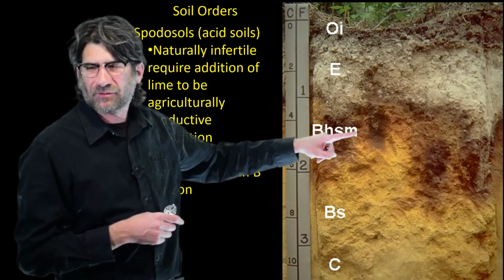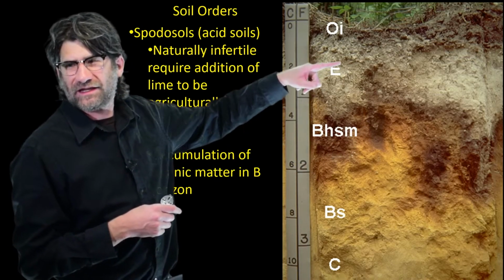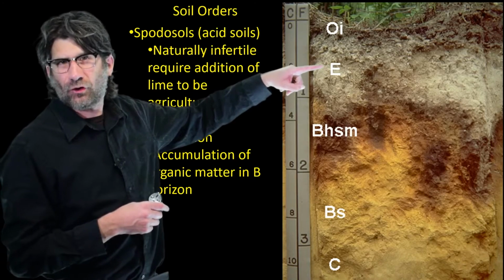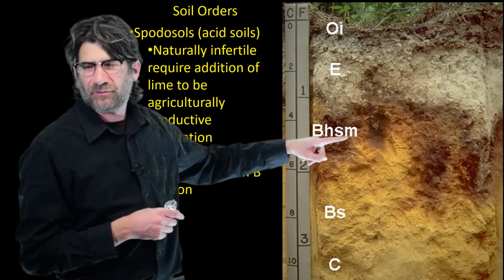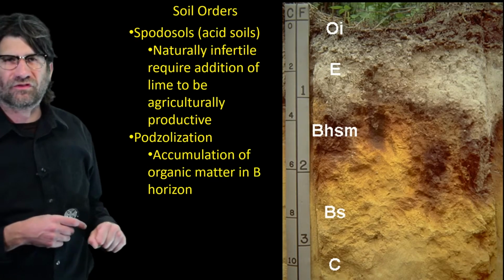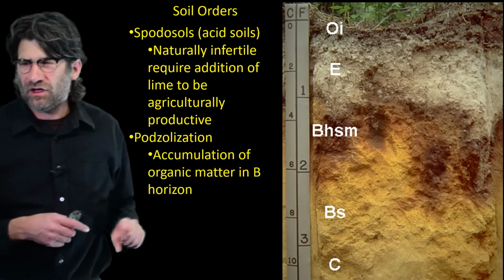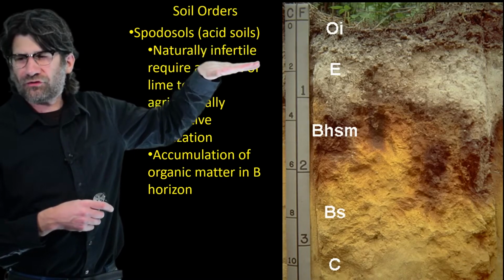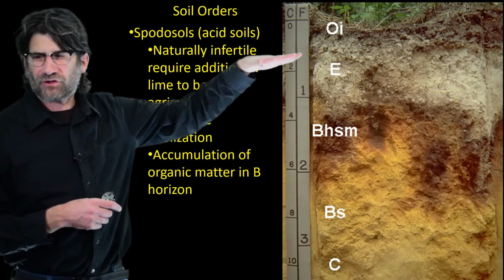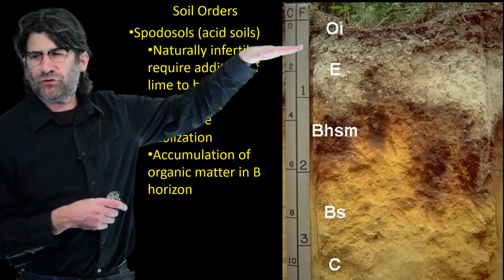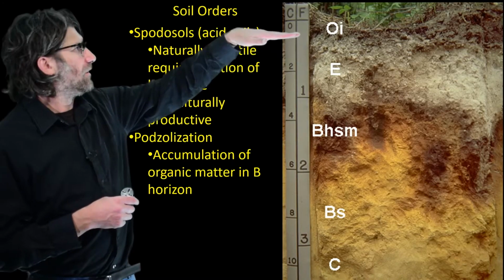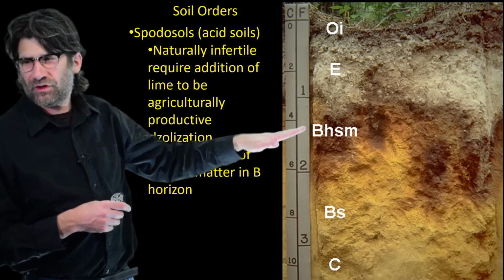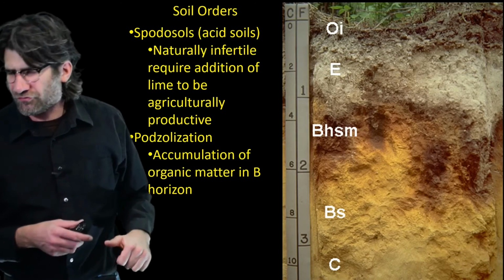That's organic material that is translocated and eluviated out of the A and O horizon and moved down and deposited in the B horizon, associated with those iron and aluminum oxides. These are generally nutrient poor soils, and so they require a lot of fertilizer if you're going to grow in these things, as you've moved essentially a lot of the nutrients out of the top of the soil. So these are spodosols.